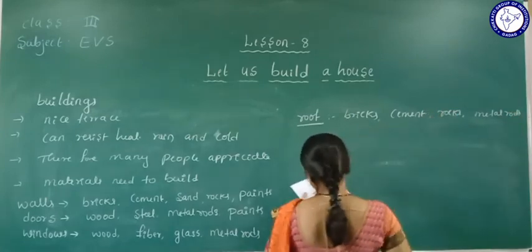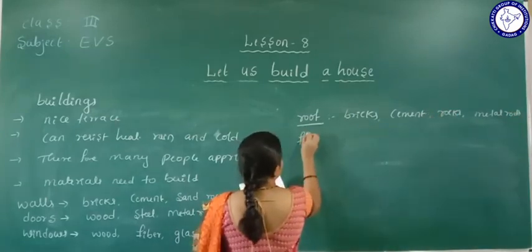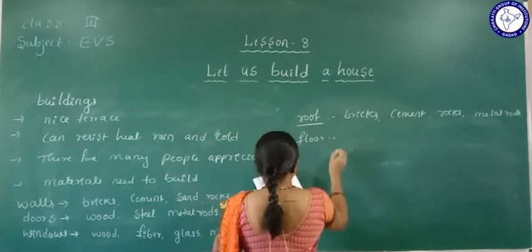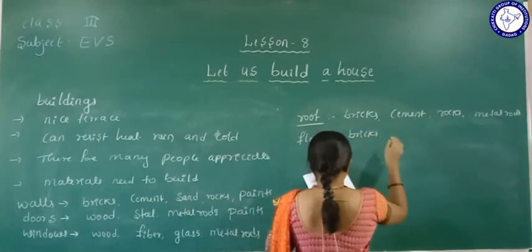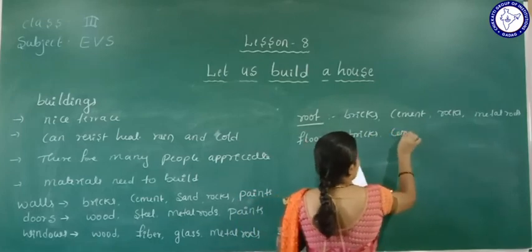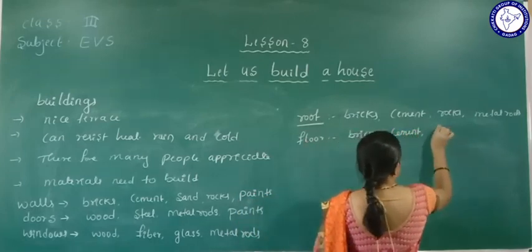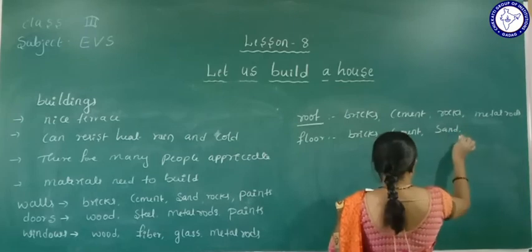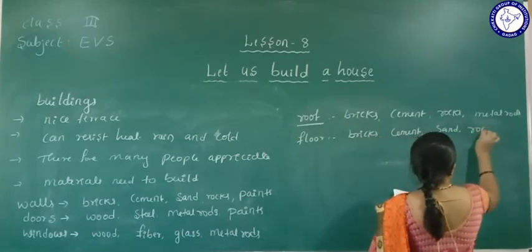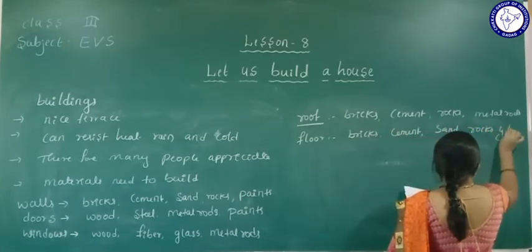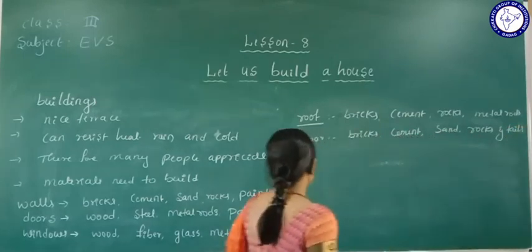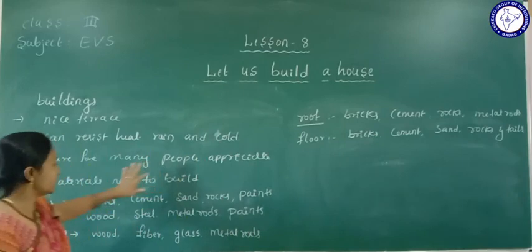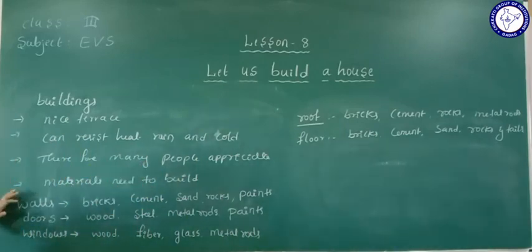Yes, next one, that is the floor. Bricks, cement, sand, rocks and tiles. Yes, see students, for the construction of the buildings, these are the materials used here for the wall.